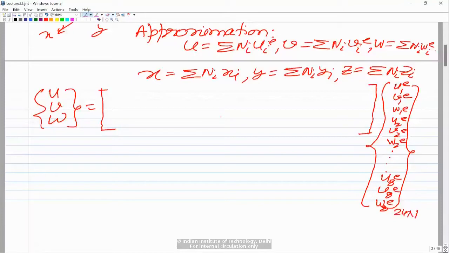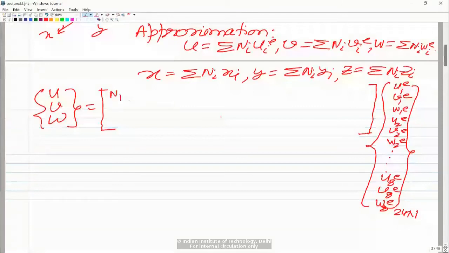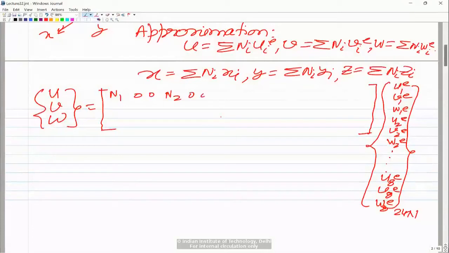So if you look at U, it is written as N1 U1 plus N2 U2 plus N3 U3 and so on. So we write here N1, and then we have to write the coefficients of V1e and W1e as 0 0, and then the coefficient of U2 is N2, and again 0 0, N3 0 0, N4 0 0, and like that you will have at the end N8 0 0.